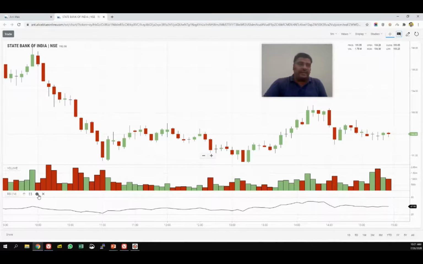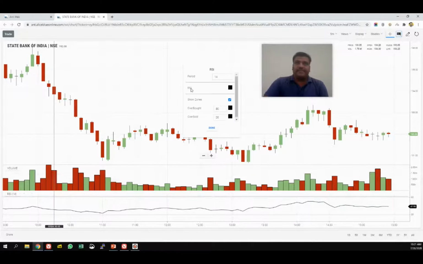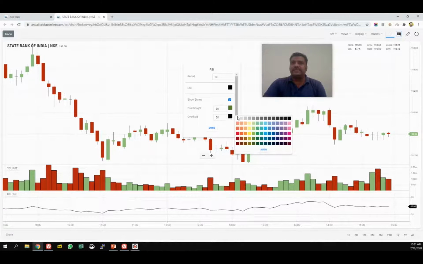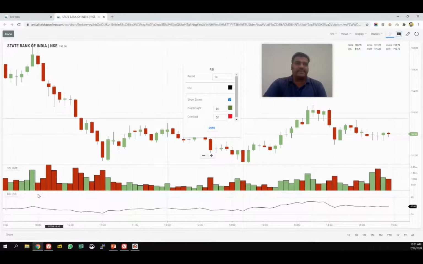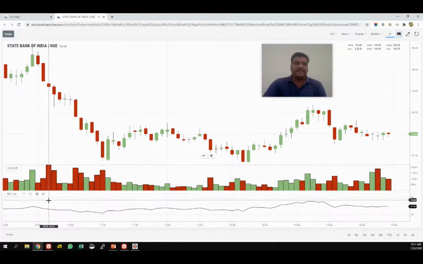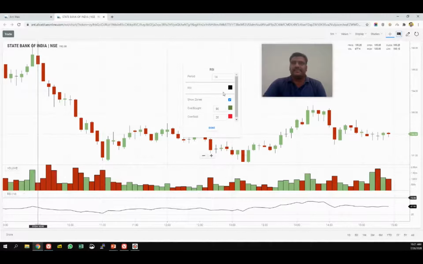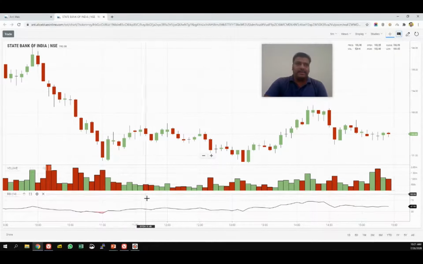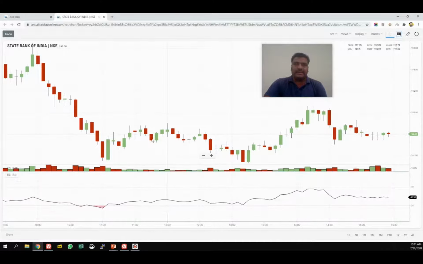If you see here, there are a lot of settings. I'm just setting up some colors so that you can identify the zones.